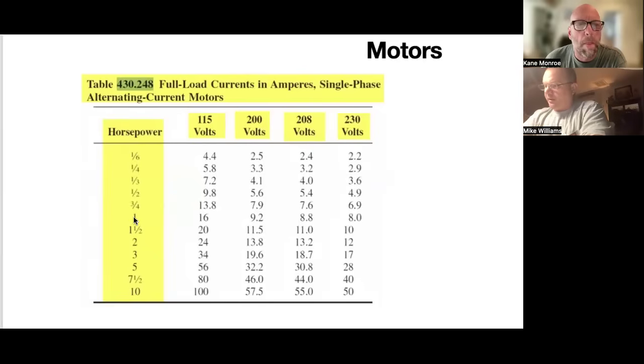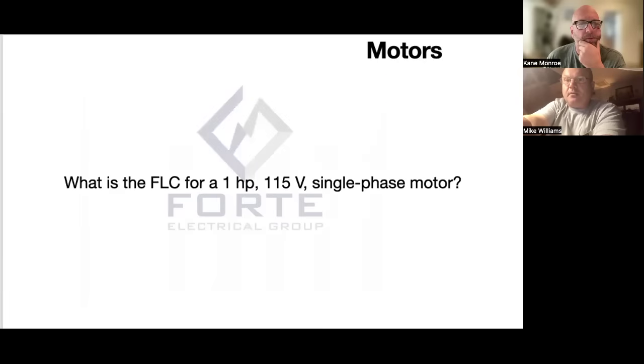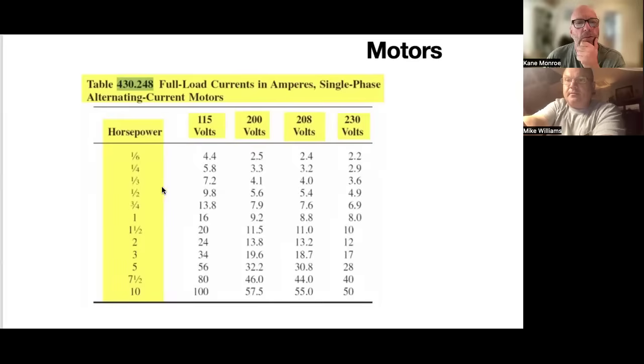I was going the wrong way in the code book because I'm looking for 430.248. So 1 horsepower, 120 volt. It's right there. It's 16 right there. Yes, sir. Just relax.